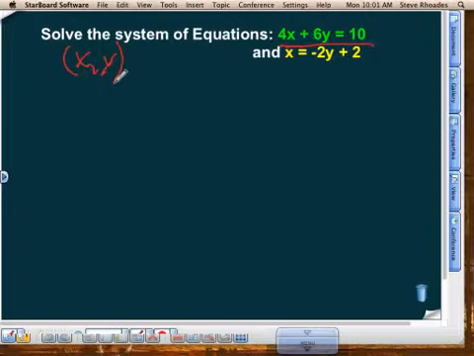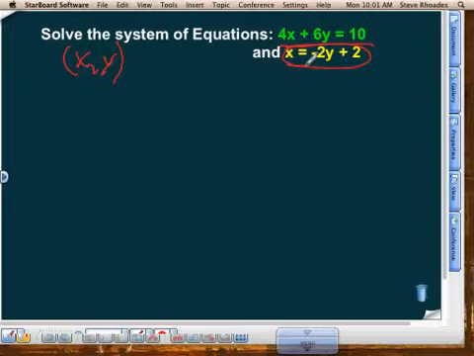So we have to find out what x is, and we have to find out what y is. The thing that tips you off that you want to use substitution is that this equation is already solved for one of the variables. In other words, the variable is all by itself.